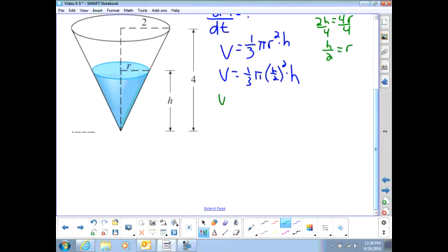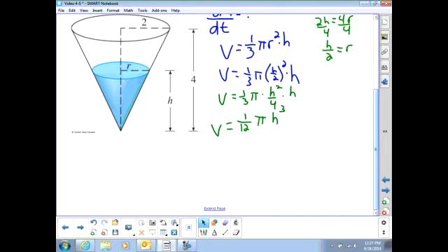So we'll have V equals 1/3 pi times h squared over 4 times h. Well, let's bring that 4 in the denominator out with the 1/3, so this will be V equals 1/12 pi h cubed. Now this is nice and simplified. It's something that should be a lot easier to take the derivative of.